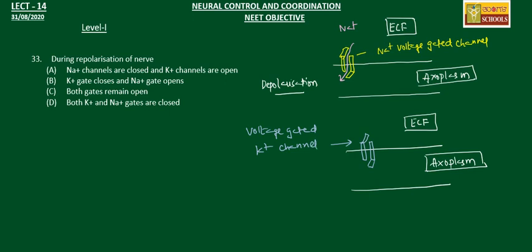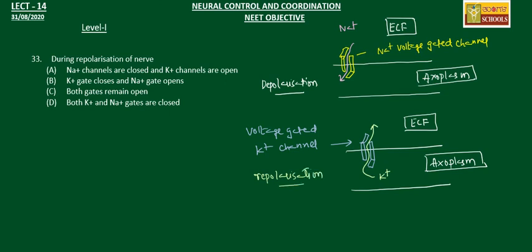So this voltage gated potassium channel will open immediately once the sodium channels are closed. Then it results in the opening of potassium channels. As a result, the potassium ions from axoplasm move into ECF, and this results in a process called repolarization.